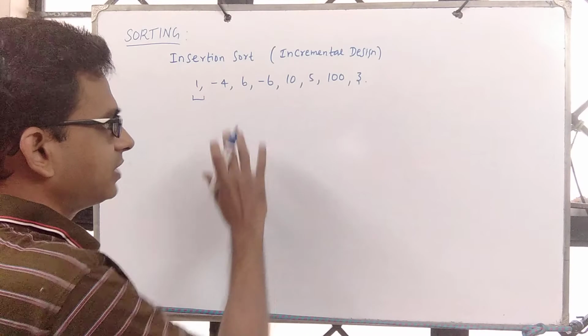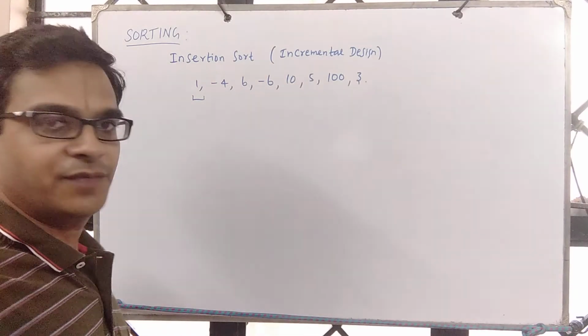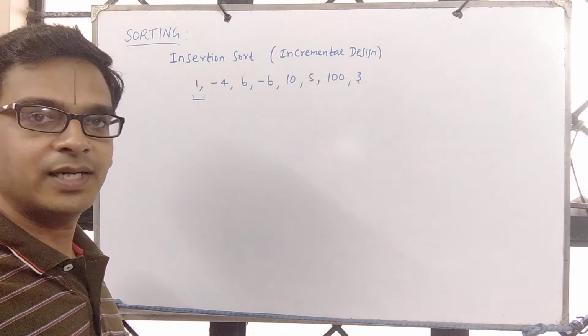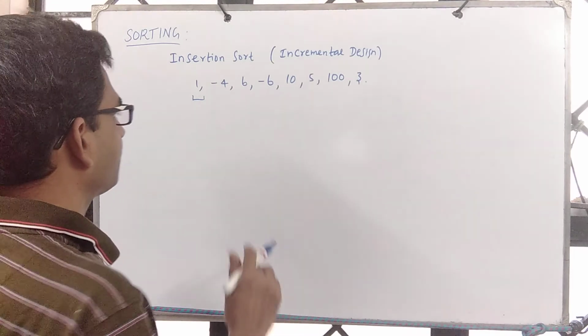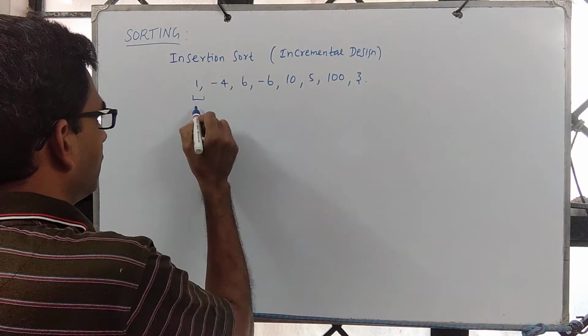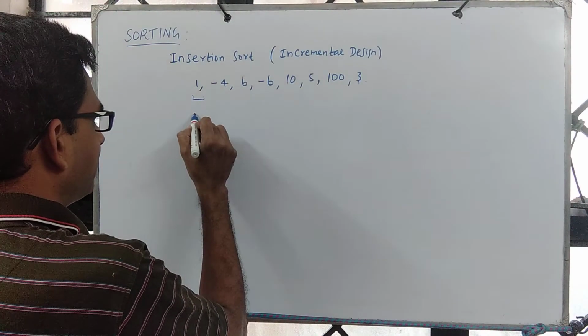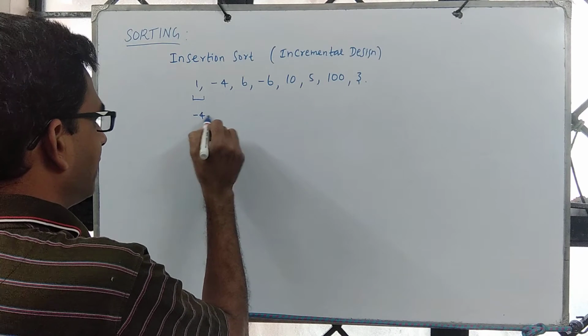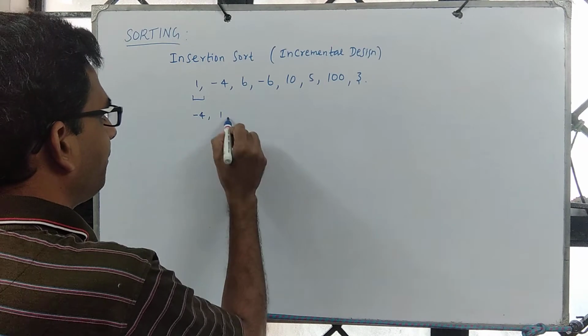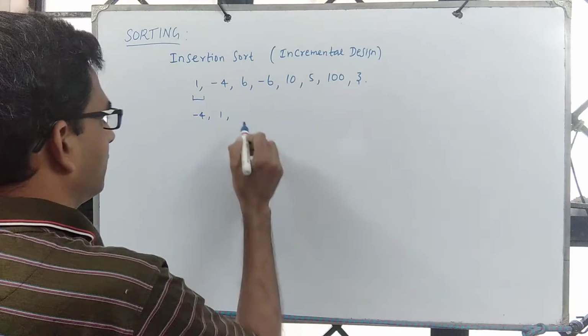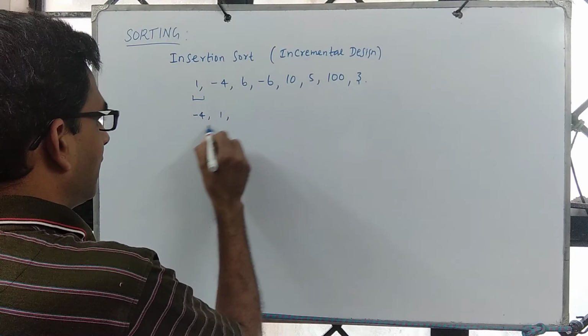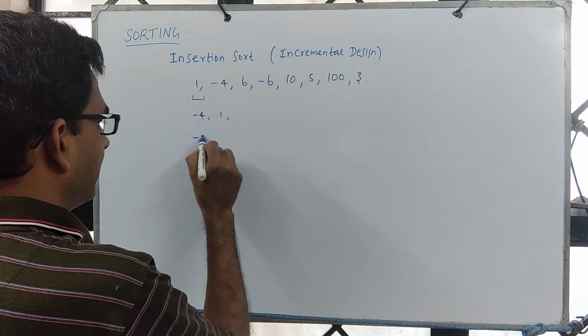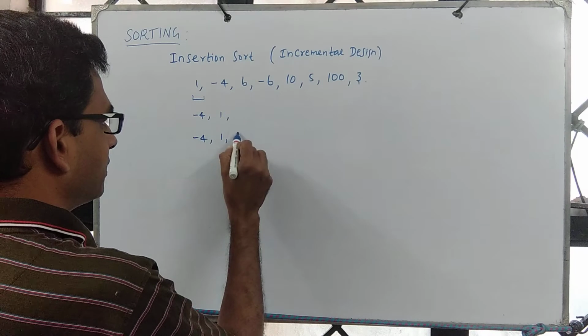But the way we do this is very different from what we did as part of selection sort and bubble sort. So this is what we have. At the end of second iteration, you see that it is minus 4 and 1. Rest all the same. At the end of third iteration, you see that it is minus 4, 1, 6.